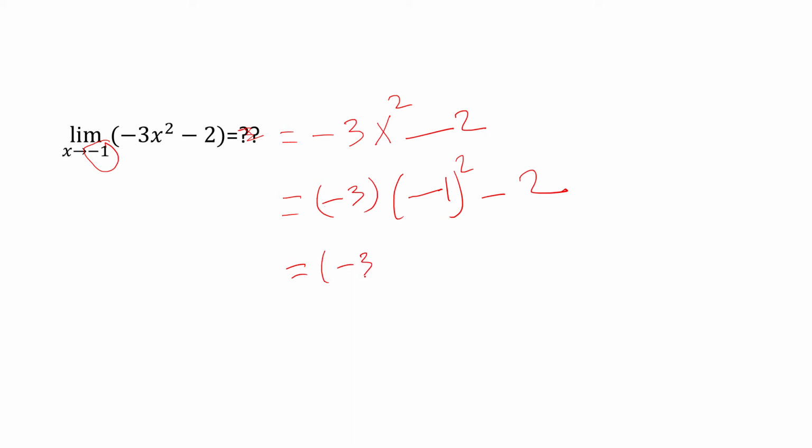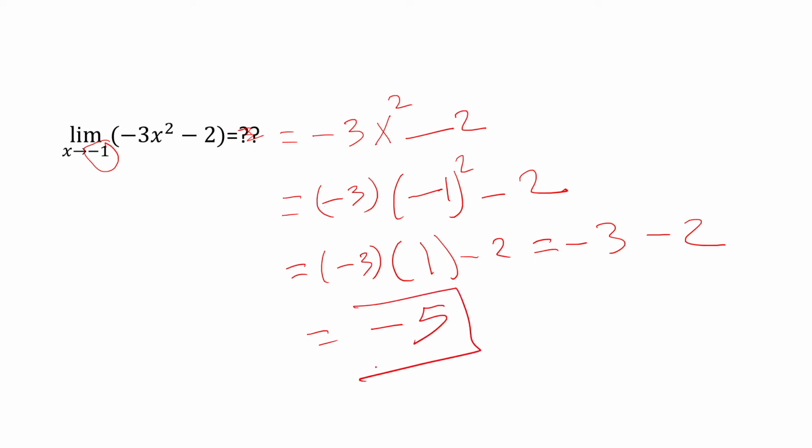So negative 3 times negative 1 squared is just 1, minus 2. Negative 3 times 1 is just negative 3. Negative 3 minus 2 is just minus 5. Since I got a nice number, I don't have to do anything else.